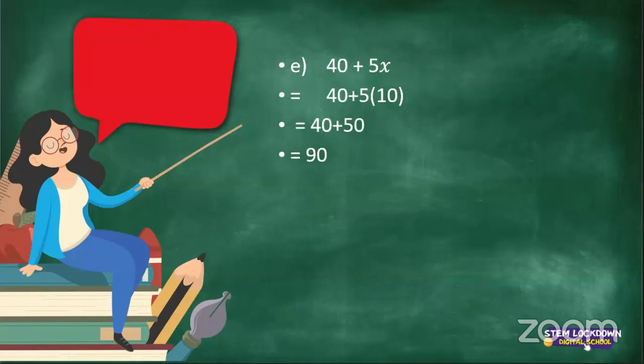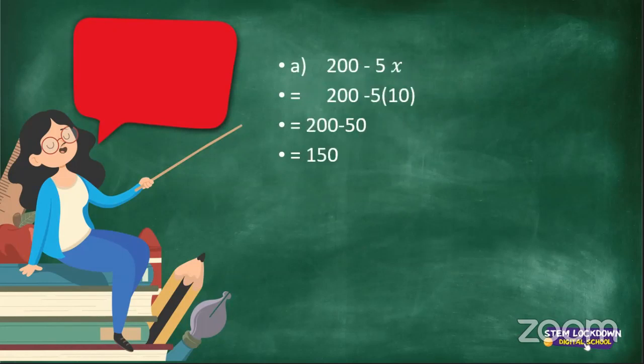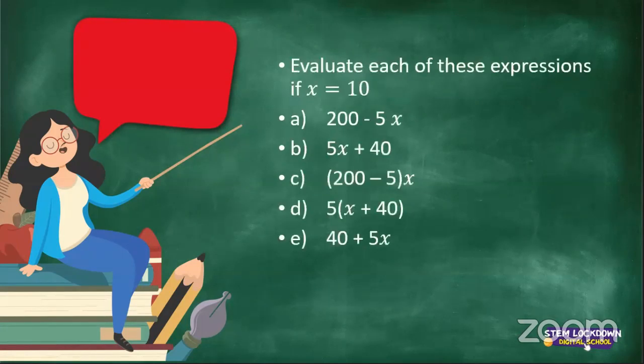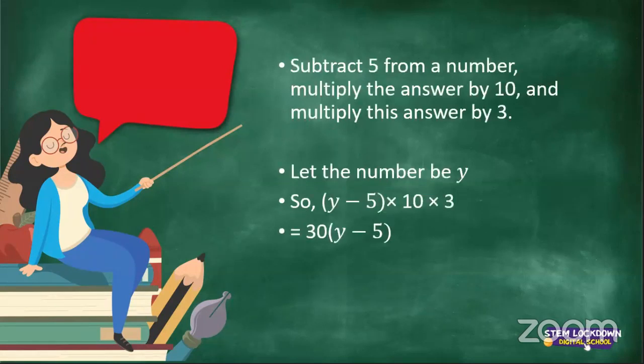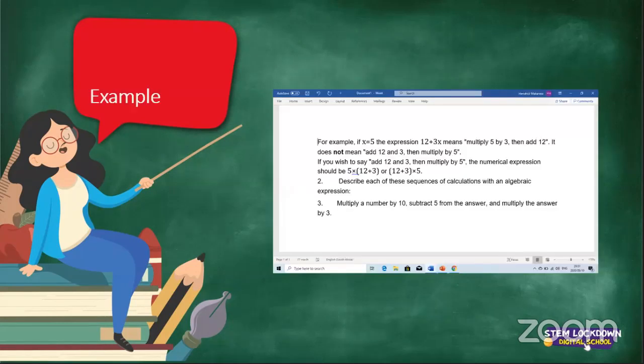So basically, that is what you need to remember: if you are given a word problem, you need to be able to express it in mathematical form, like what we started with this morning.